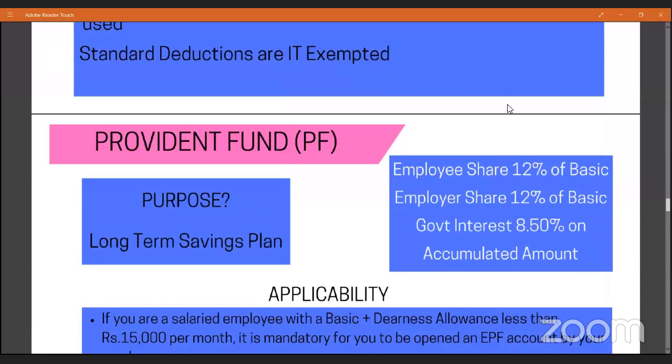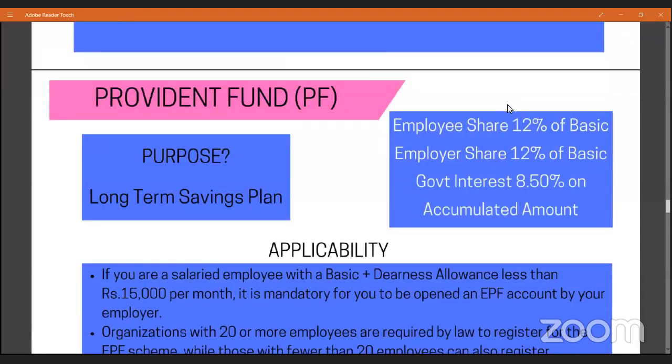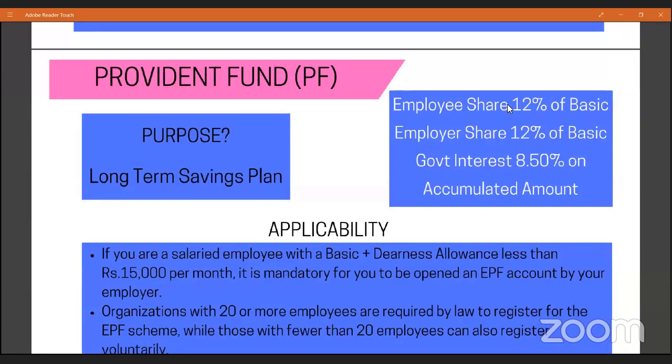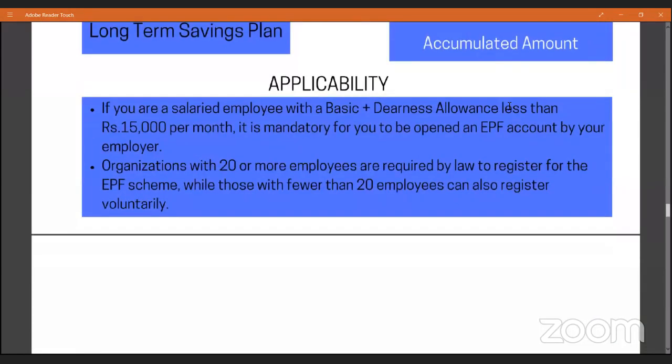And then we talked about Provident Fund. In Provident Fund, two important concepts: employee and employer share are equal, 12% of basic and 12% of basic. On top of that, you have a government interest of 8.5%, which is a compound interest methodology, right? Another very important concept that we discussed yesterday was the PF cutoff limit.